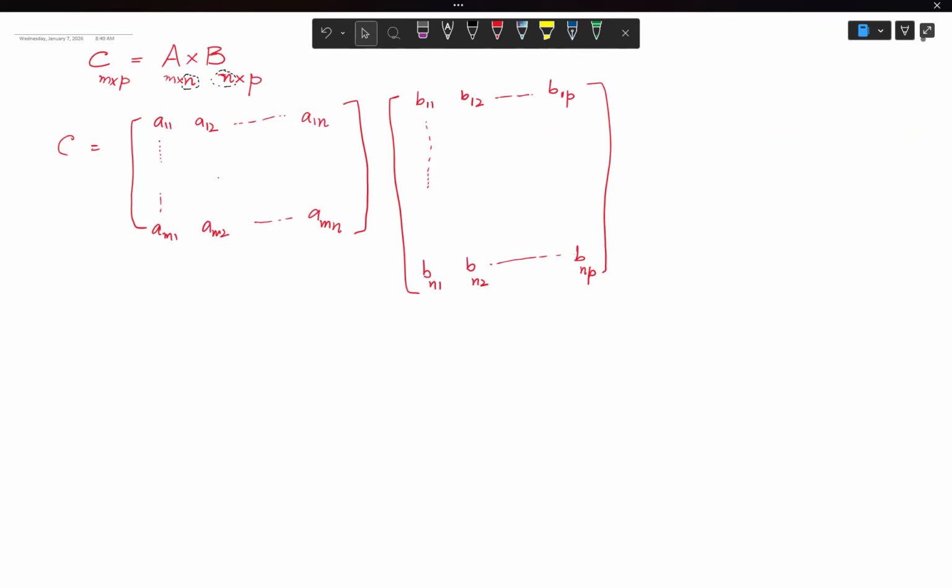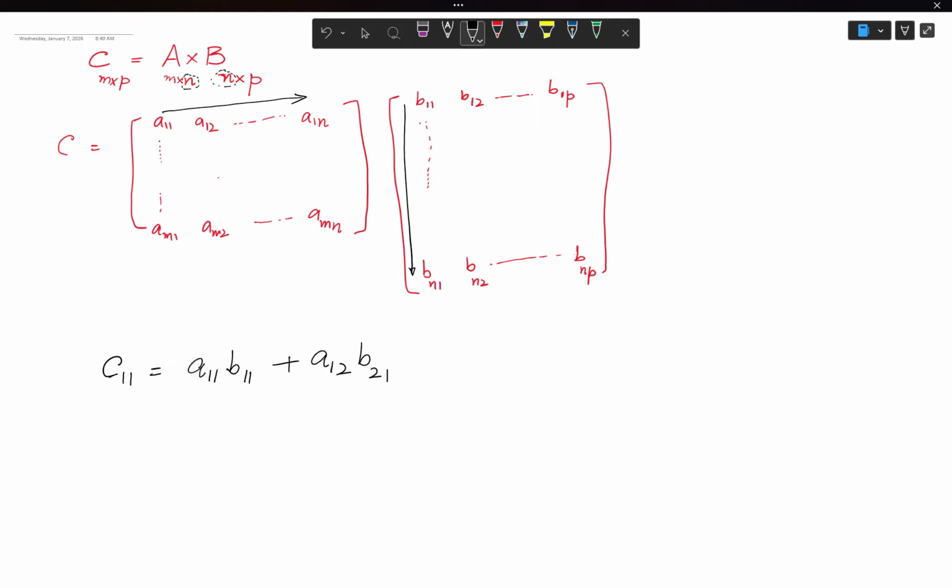So if I generate the entry C11, the first element in C, it will come from the multiplication of the first row of A and the first column of B. So if we write it, it will be A11 B11 plus A12 B21.